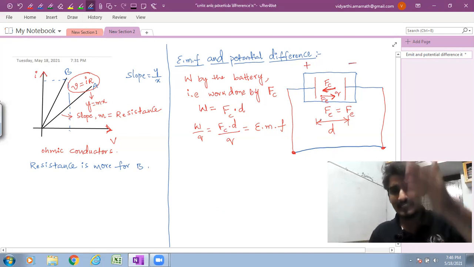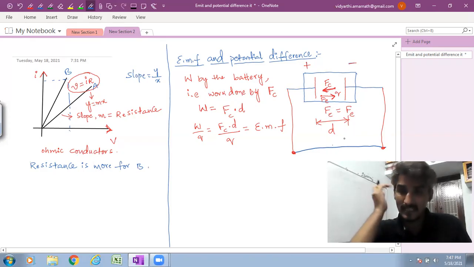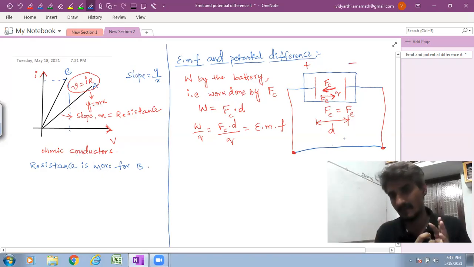Inside the battery, chemical force will act, and outside of the battery, what will be acting? Electric force will be applied. Why electric force? I already explained in the beginning that inside the wire, electric field is set. Am I right or not?